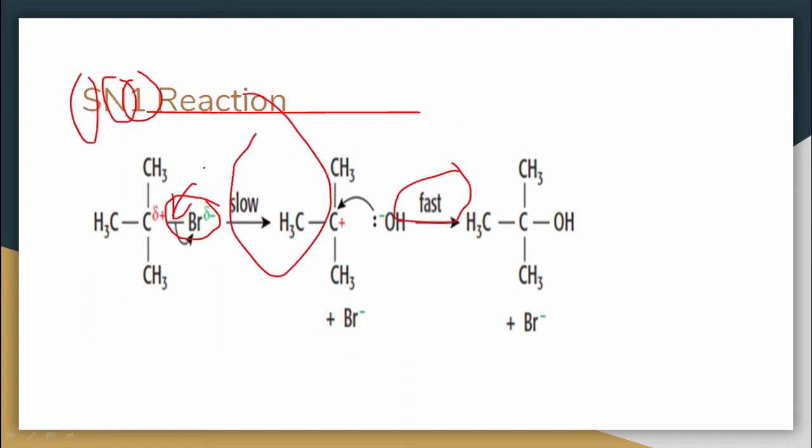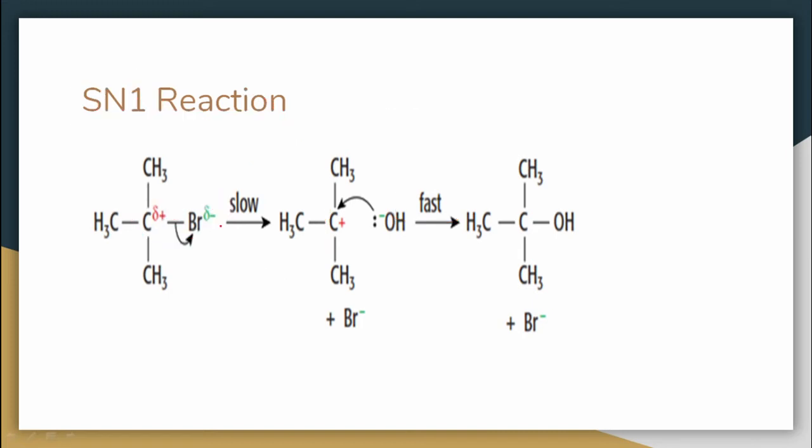Heterolytic fission of the bromine and carbon bond, and it becomes the bromide ion and a carbocation, and this is slow. Why? We're gonna talk about it later. And then the second one is always fast, because the carbocation needs an electron.